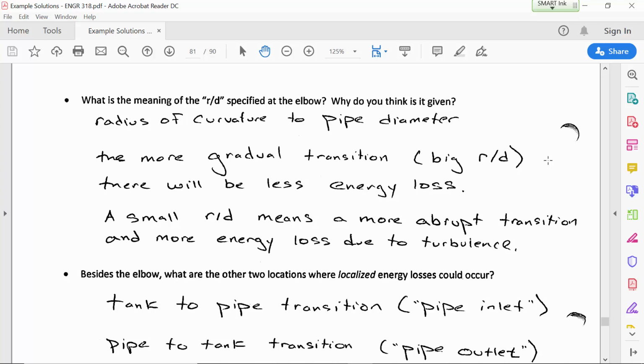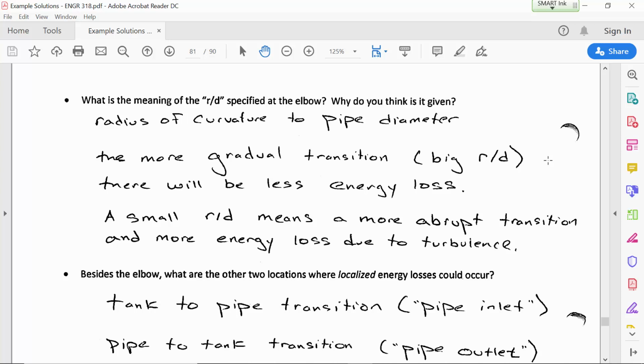The K value of 0.35 means that there's going to be more energy loss than if the transition was more gradual. So the R to D of 2, meaning that the radius of curvature is longer and the transition occurs more slowly, reduces the K value, so less energy is lost during the more gradual transition.